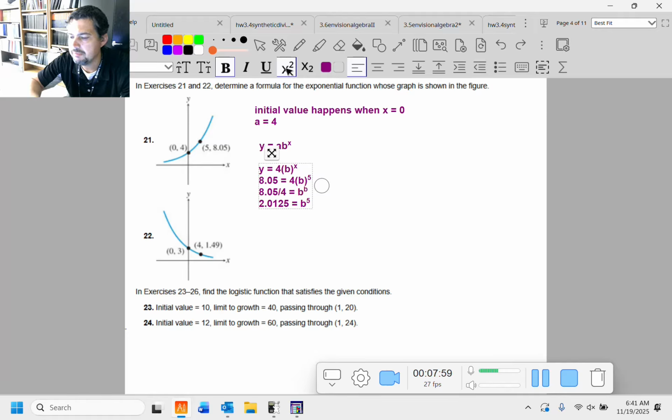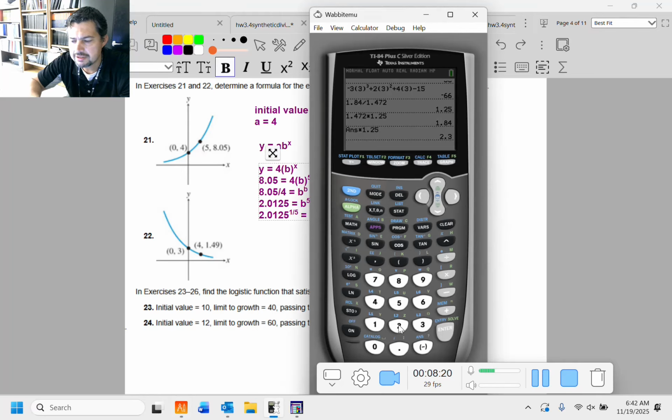I don't know why it says b to the b up there. Now, the opposite of the 5th power is the 1/5 power. So 2.0125 to the 1/5 power is my b value. I don't know what the 5th root of that number is. I feel like I should, though. I feel like it's going to be a nice number.